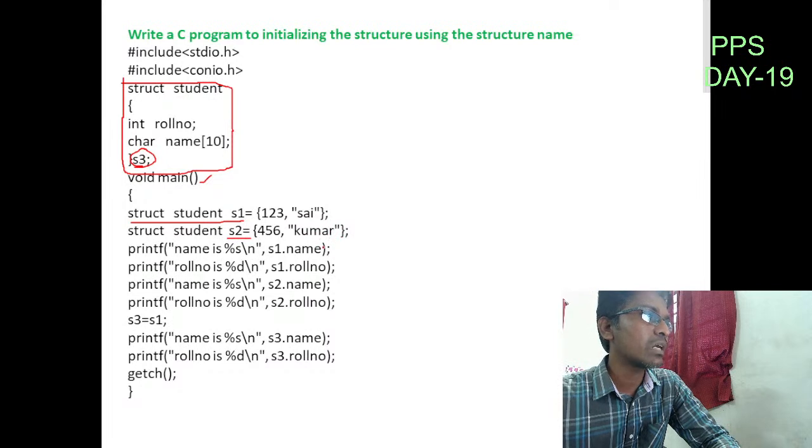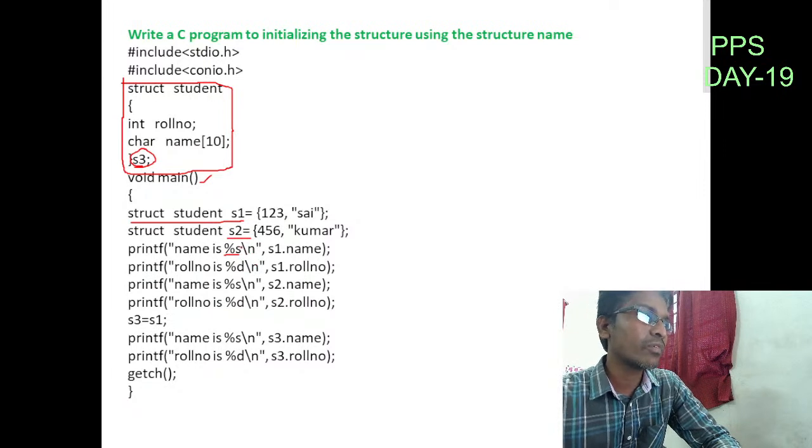Now I'm going to access S1 data and S2 data. With the help of S1 and S2 I'm going to access the roll number and name of the student. How are we going to access them? Here I'm using a printf function. Name is equal to followed by a formatted string, that is %s, then \n, which is used for printing my output on a new line.